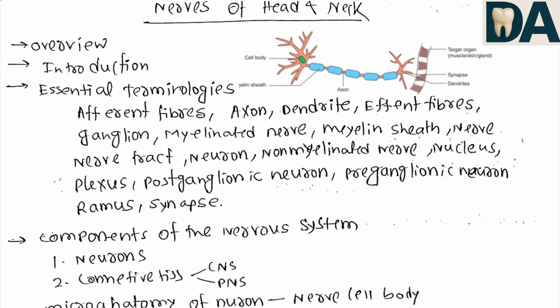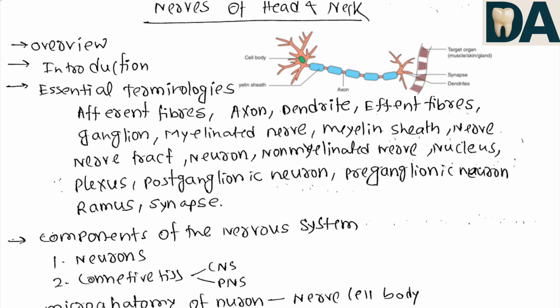Components of the nervous system. The nervous system consists of tissue that may be broadly divided into two components. Before I go to the details of the components of the nervous system, we must know the essential terminology of nerves.